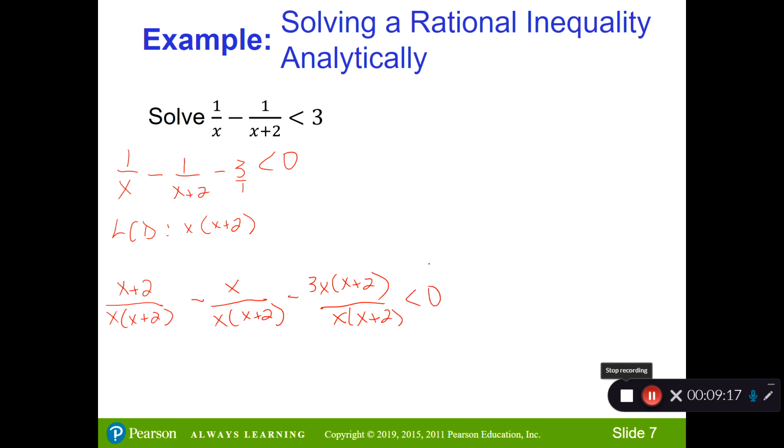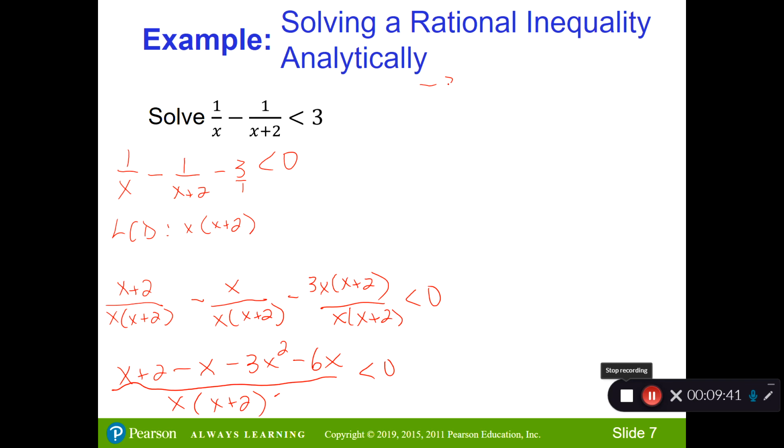All right, now let's combine into one big fraction. I have x plus 2 minus x minus 3x times this x will be 3x squared, minus 3x times 2 is minus 6x, all over that common denominator of x times x plus 2. This is less than 0. Okay, now let's combine in the top.